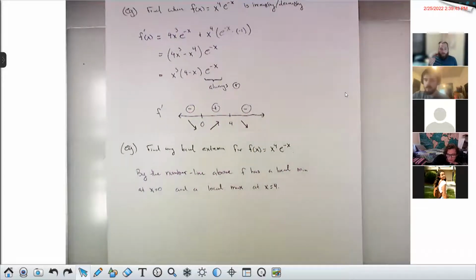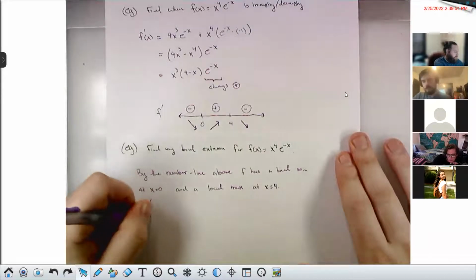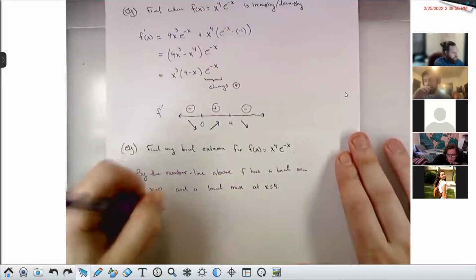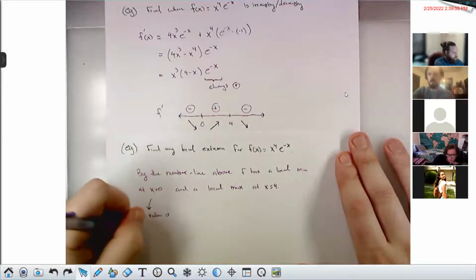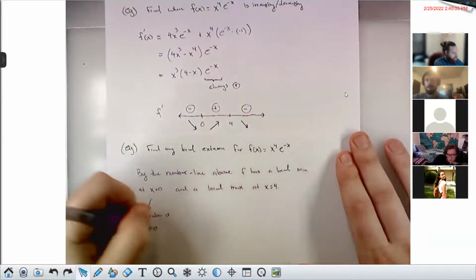And if I want to know the min value or the max value, I would have to plug those x values into the original function. So here I could say the min value is f of 0, which would be 0 times e to the 0, which is 0.